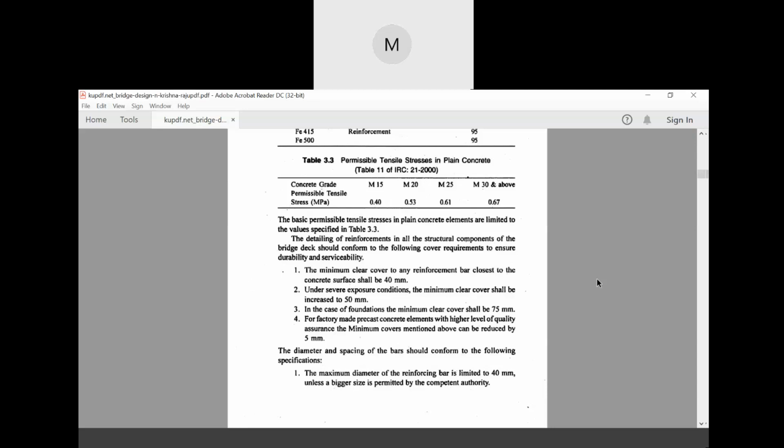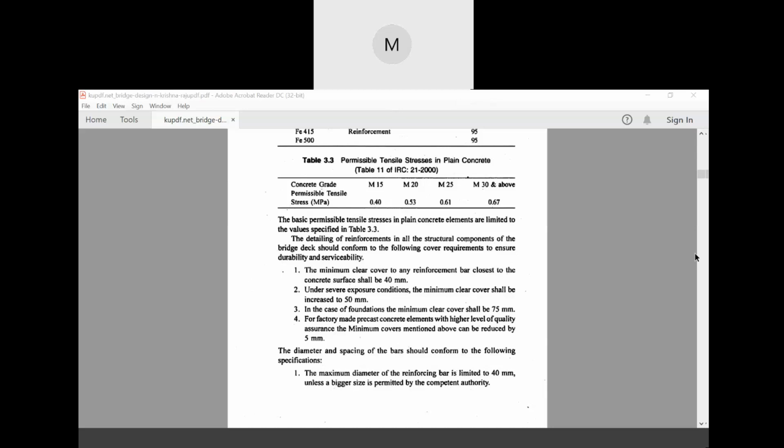Right. So now the detailing of reinforcement in small structural components of the bridge deck should conform to the following requirements to ensure serviceability and durability. So in order to ensure serviceability and durability, we'll have to follow these criteria for the detailing of reinforcement.